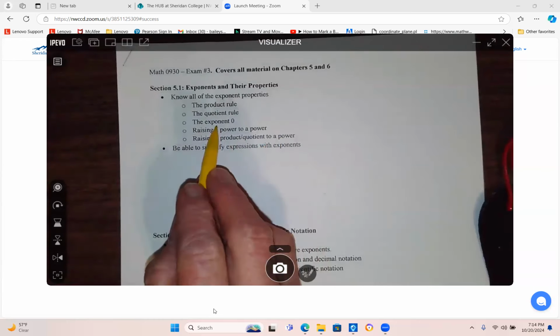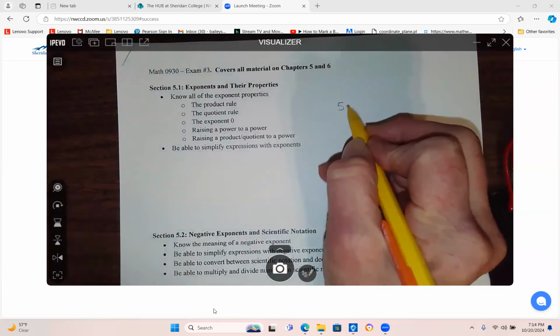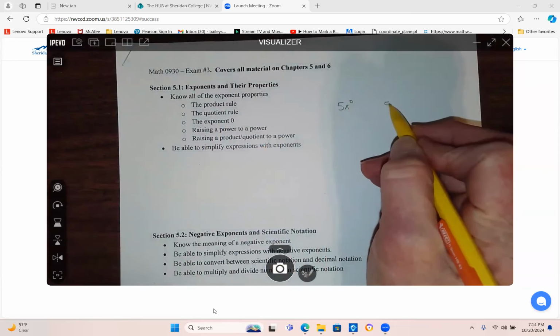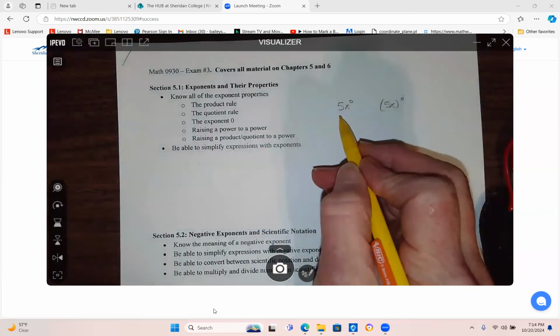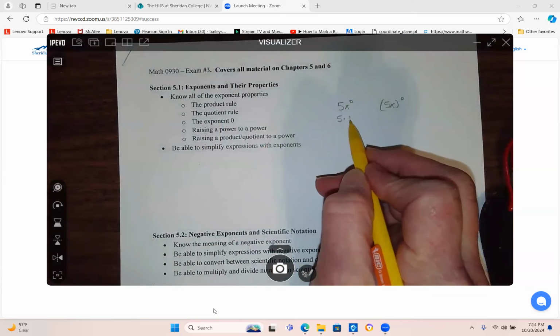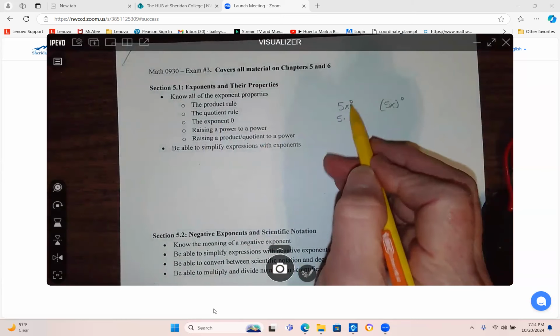Going back to this exponent of 0, just remember that 5x to the 0 is very different than this right here. This is 5 times 1 because you do what's in the parentheses and then the exponent.